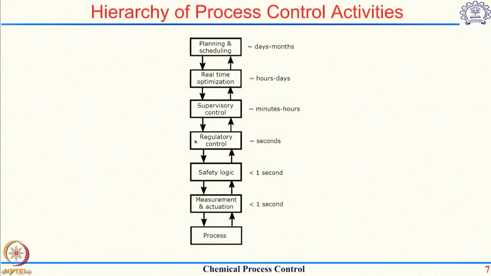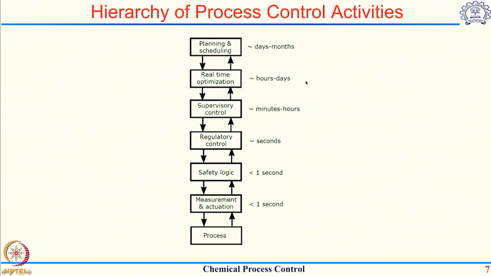So every chemical system will always be associated with some sort of safety logic which will ensure that even if there is no control system or the control system fails, that logic will ensure the safety of the plant. Now on top of that is the first level of control, which is regulatory control. These are the basic control actions, taken at a frequency of a few seconds.